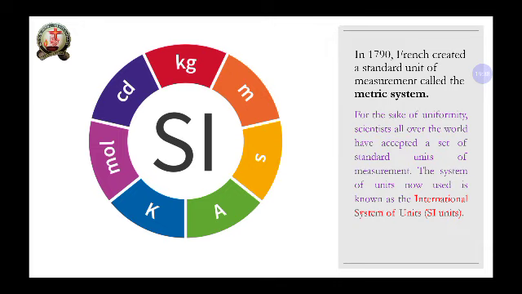If you want to measure length, the standard unit followed worldwide is meter. Similarly, to measure time, the standard unit used worldwide is seconds. Likewise, they divided for everything. For temperature, Kelvin; for the number of atoms or molecules, we use moles and candela. All these things they have determined. So that is what is called the SI system of units.